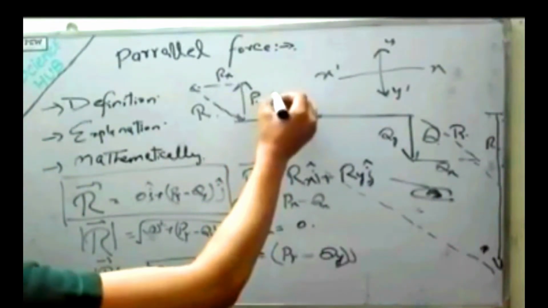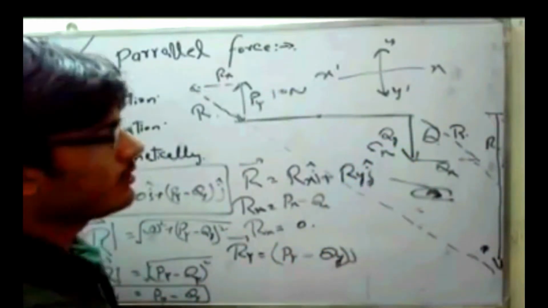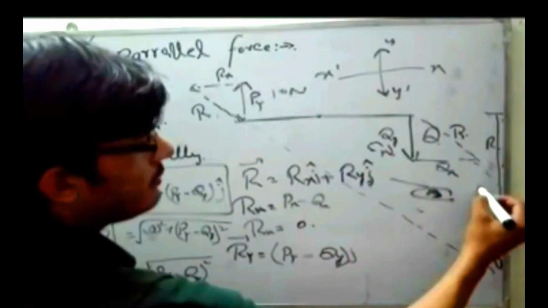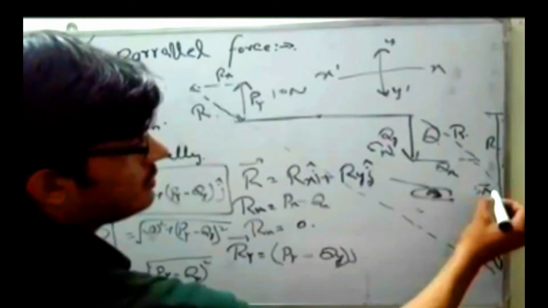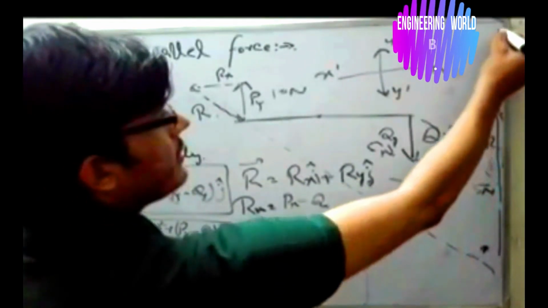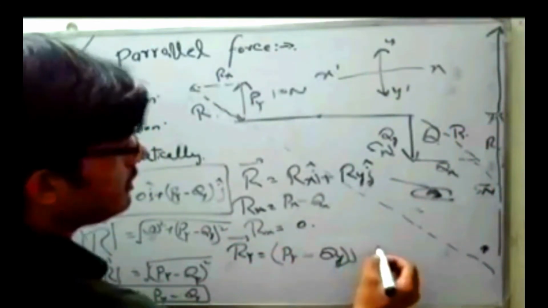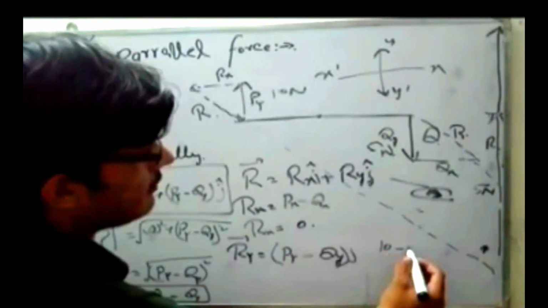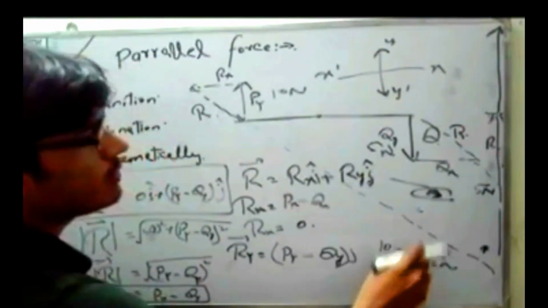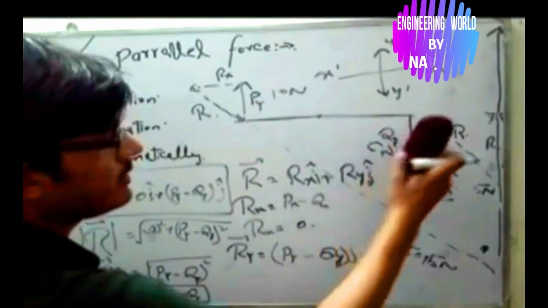So if we have this force, let's suppose this force is 10 Newton and this force is 5 Newton, the resultant will be equal to 5 Newton in the positive y direction. The resultant will lie here in the positive y direction, because we get the positive sign: 10 minus 5 is equal to positive 5 Newton, so we take it in the upward direction.